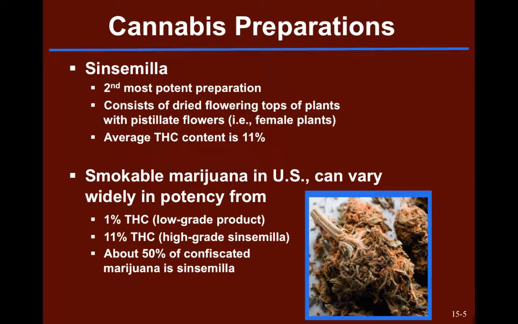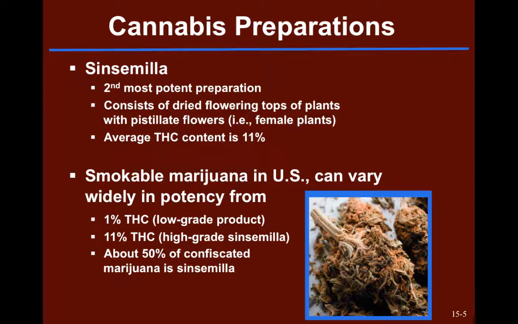So our next most powerful concentration would be sensimilla. So this consists mostly of the dried flowering tops of the plants. So this has a higher THC content than other parts of the plants, so it is a more potent preparation than when other parts of the plant are included. The average THC content for sensimilla is about 11%, and when we look at the more commonly smokable marijuana, then we see other parts of the plant included as well.